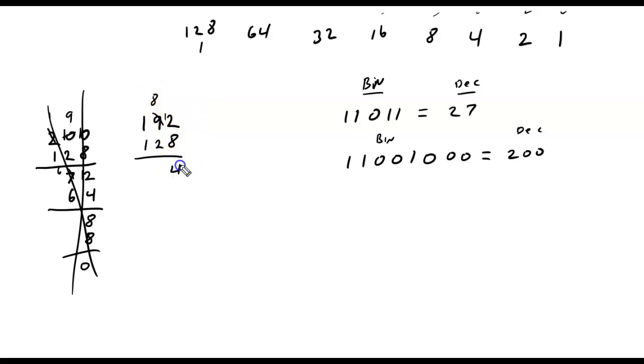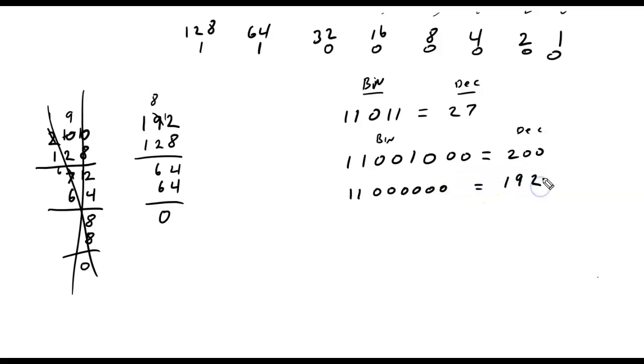That leaves us 4 there and 6 here. So we still need 64. So let's spend a 64. Well, that's all we need. So the rest of these are all zeros. And so it turns out that 11000000 equals 192 in decimal.